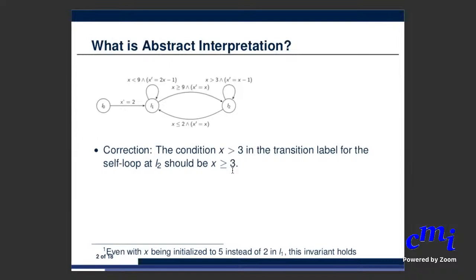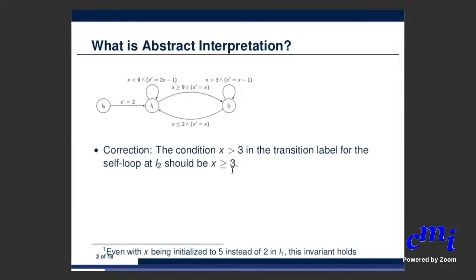When x is greater than or equal to 9, you move to this location, okay? You're assigning 2x minus 1 here, and then you are here. When you're here, you're decrementing, and you're here until it should be greater than or equal to 3. You're here till 3, and then when it gets below 3, you're going back to here.